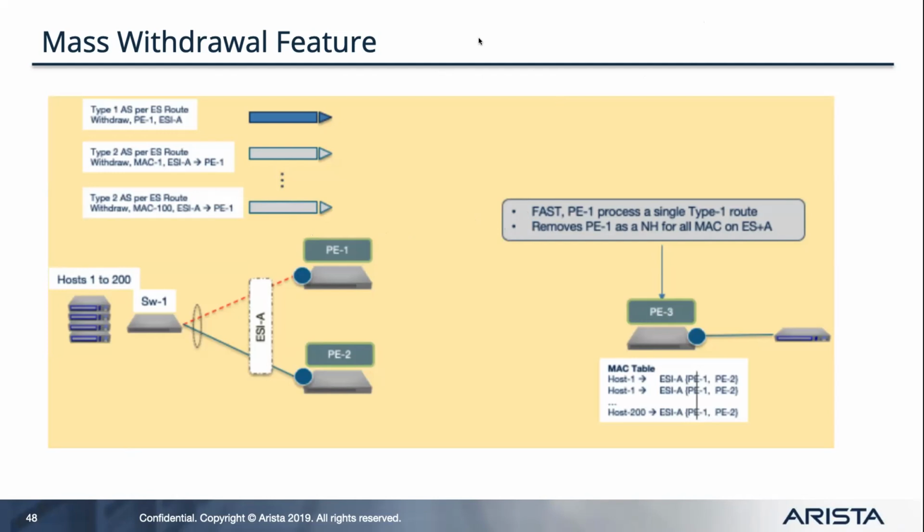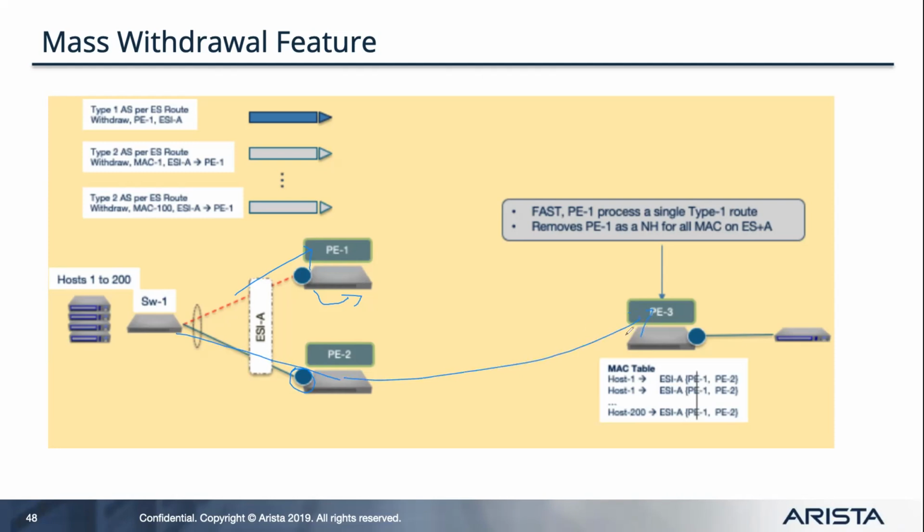Yeah. So basically, I don't know exactly, but it will be pre-coded into our design or implementation. So exactly, I don't know what the timer will be, for how much time it will wait before it sends out the MAC type 2 route withdrawal. But it will be delayed so that at least VTEP 2 will learn, all traffic will start flowing from there, and it will start advertising type 2 routes.